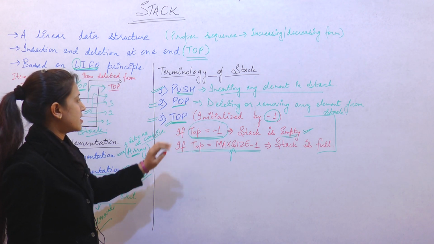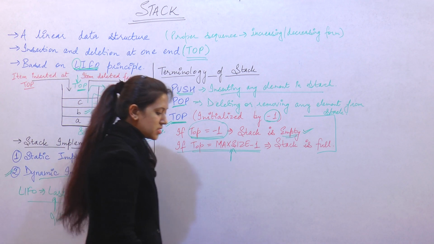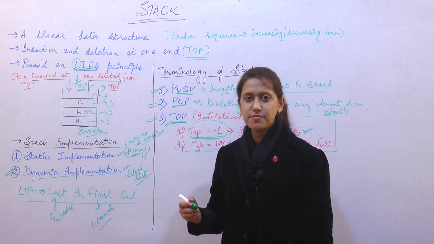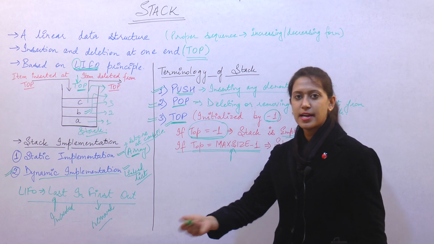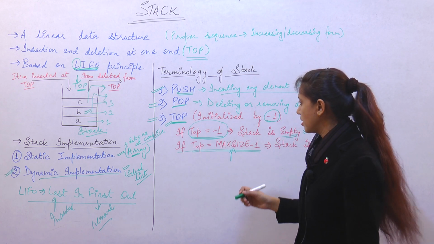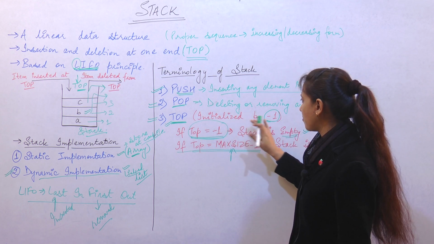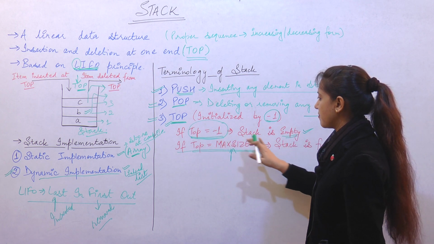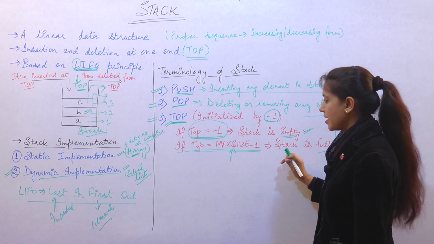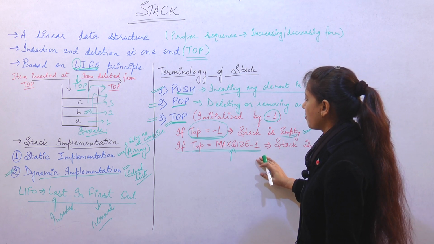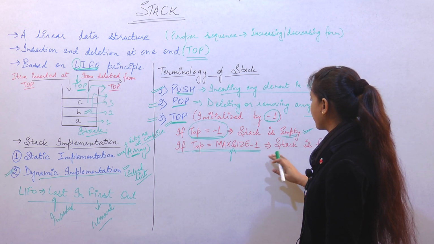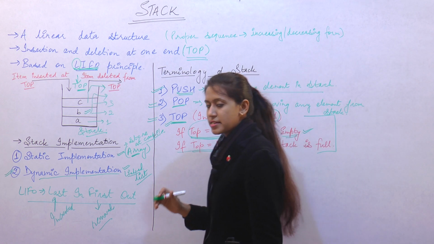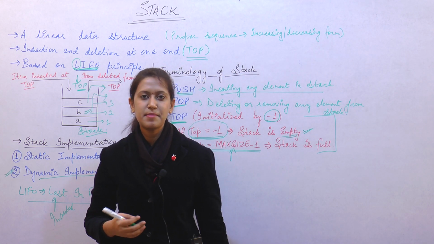And top means the one end through which we insert and delete elements from the stack. The initial condition of top was -1, and top equals -1 represents that the stack is empty. The next condition, if top equals max size -1, tells us that the stack is full and no further element can be inserted.